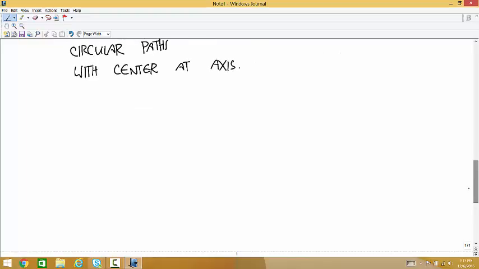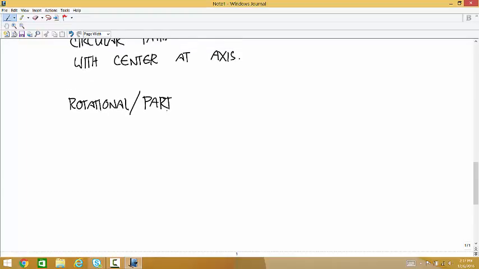So now let's think about these rotational versus particle analogies. What quantities have the same function? What equations have the same function? So over here is particle. Over here is rotation.